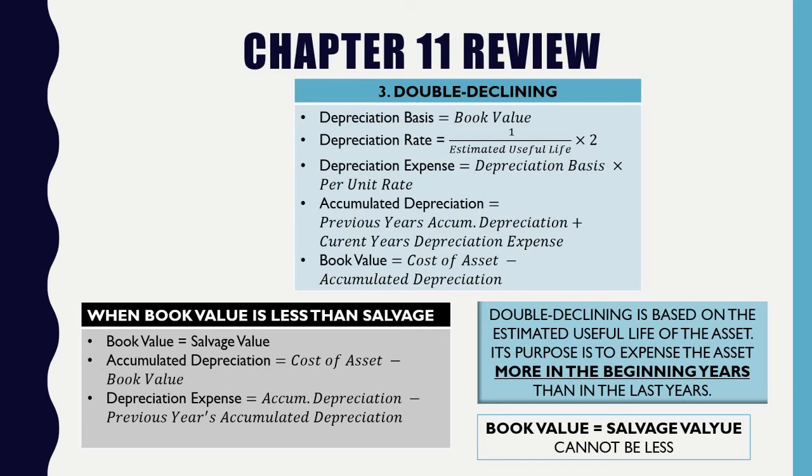If book value falls below salvage value, you're going to have to work backwards to solve for the depreciation expense for that year, because the cap is that the salvage value must hold a value and you cannot fall below it.